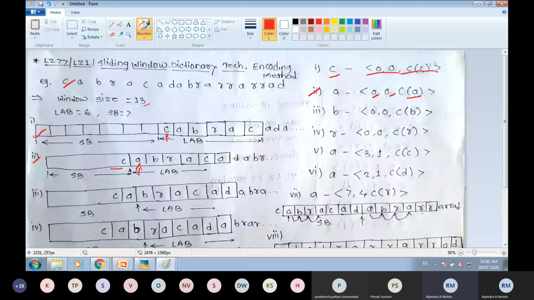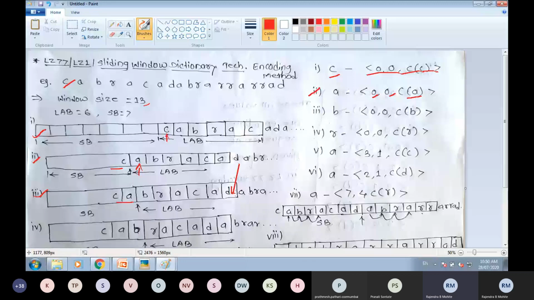Similarly, in the third step, you have to update the window in the search buffer. You can represent the two alphabets C A, and the next alphabet you can update at the next position, and in the look ahead buffer slide one by one and place the six alphabets over there.